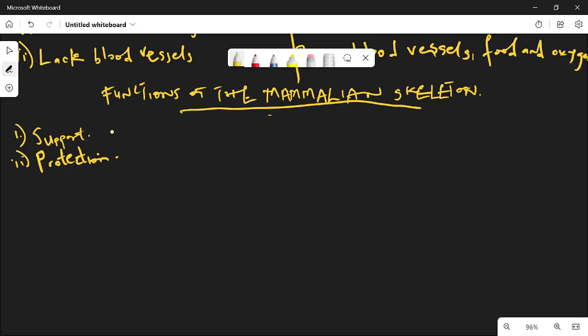If we were to throw a pin at a balloon, you will hear a sound, isn't it? That is the release of the air inside the balloon. A similar fate would happen to any animal if it didn't have a skeletal system to protect the internal organs.